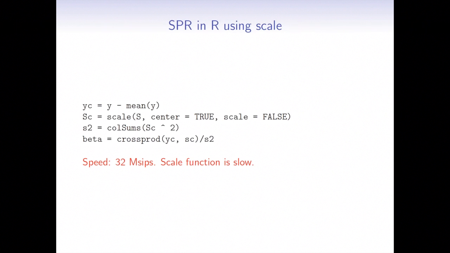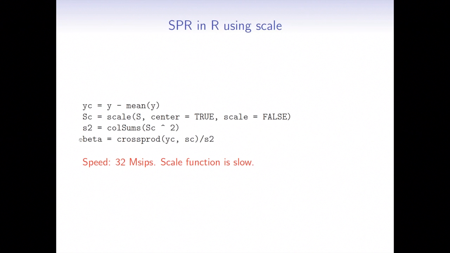So the easiest way would be to use the function scale. So we first center our vector of response, and here we center the SNP matrix at once using the function scale. And here I calculate the denominator, so the column by column sum of squares.